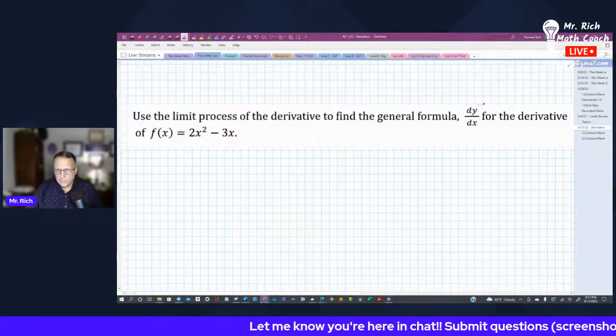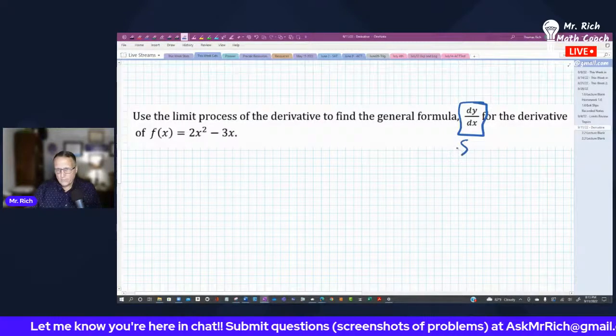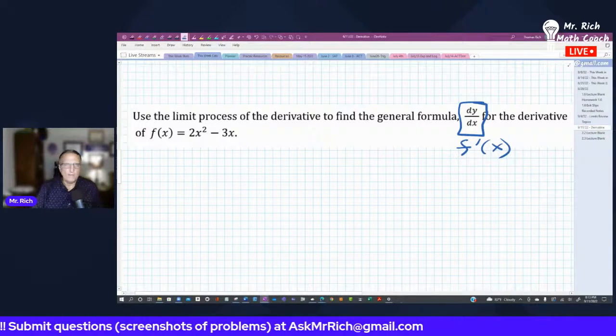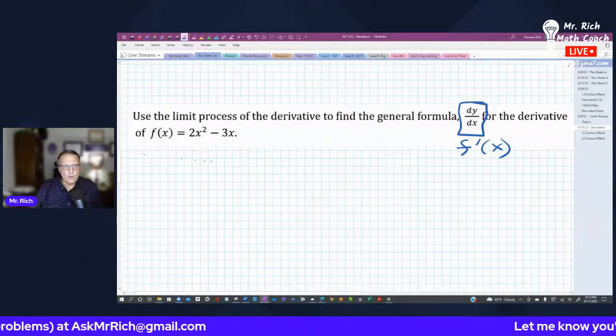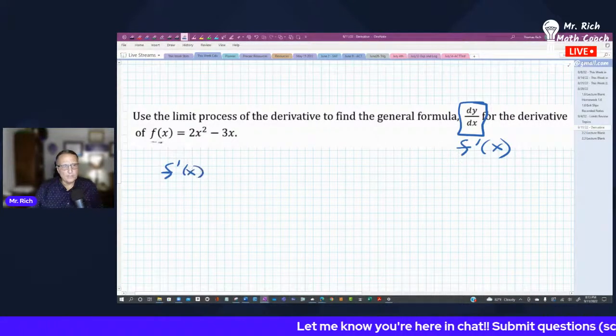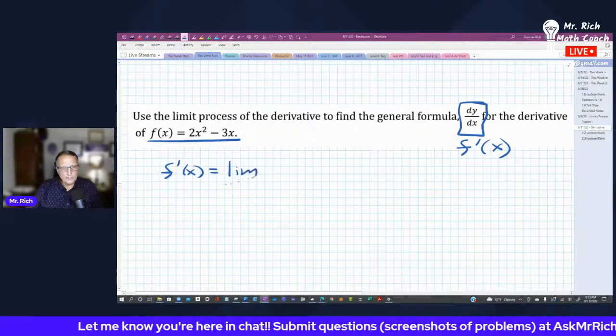Now, notice this notation here, dy dx. That's another way that you will see eventually in your class that we express f prime of x, the derivative function. Okay, so I'm going to refer to this as f prime of x. So here's what I want to do. I'm going to find f prime of x for this function f of x by subjecting it to this limit.